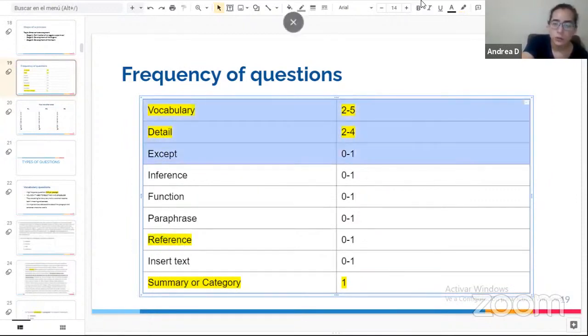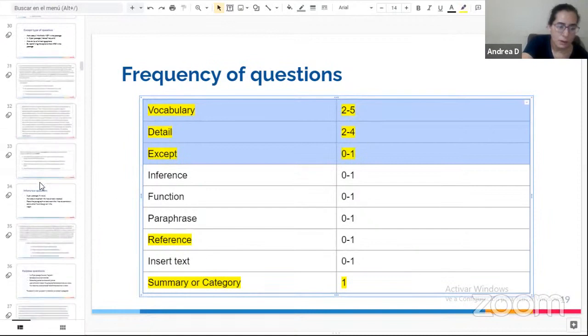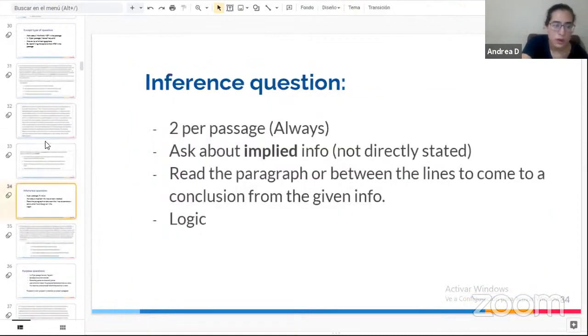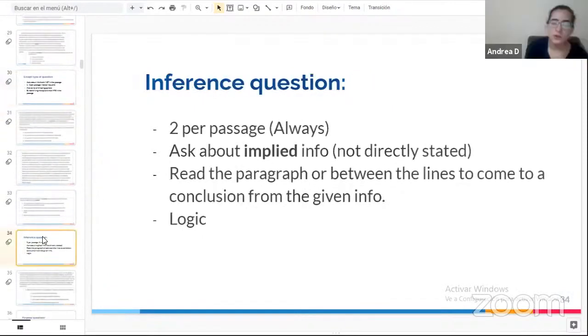So we're gonna be looking at the rest today. I want to make sure though, have we seen the except type of question, where they ask you what's not mentioned in the passage? Yes. Okay, yeah. So let's continue with the inference questions.